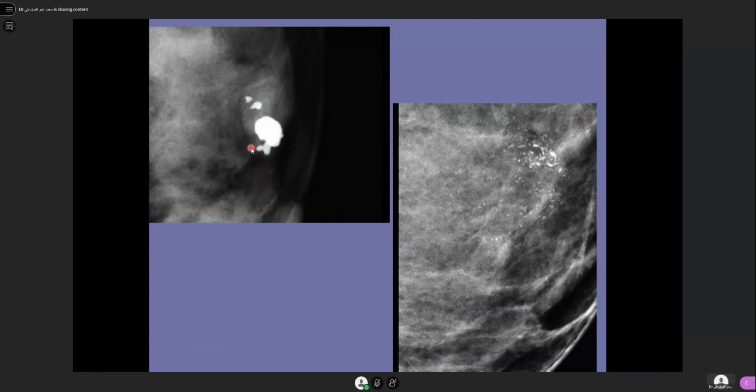Fibroadenoma is the most common benign tumor of the breast, especially in young females. It develops in young females. And here you can see there is no radiopaque mass, but still you can visualize tiny specks of calcification. Again, in this case we have to perform biopsy to confirm our diagnosis. It may be benign, but it may be cancerous also.